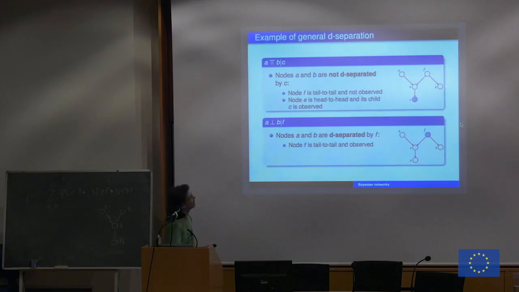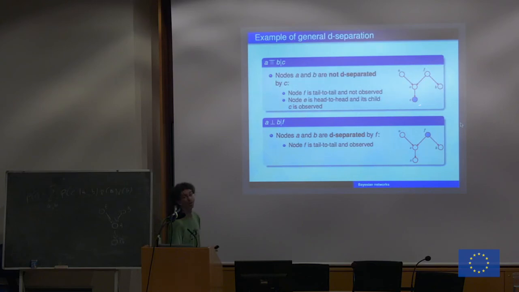And here, let's say that you observe C. Here you go from A to F. This is a head-to-head connection, and C is observed. C is a child of E, so it's a descendant of E. If C is observed, the path is unblocked.